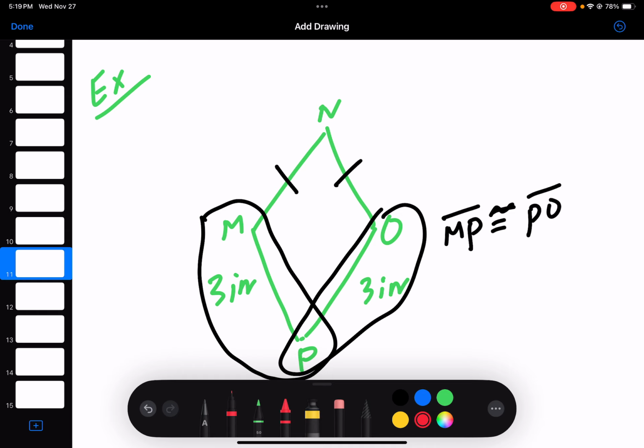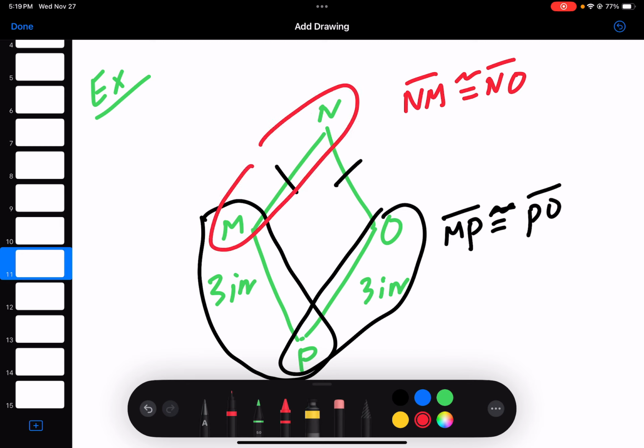How about NM and MP? Well, we don't know because we don't know what NM line segment length is. But what we do know is that NM line segment is congruent to NO line segment, right? NM has a tick bar and NO also has a tick bar, and the tick literally means congruency. So that is it.